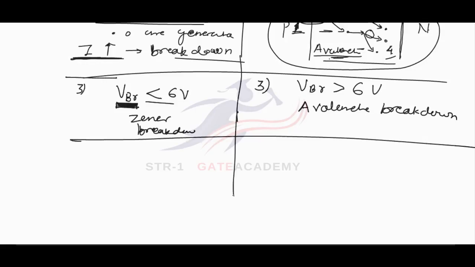Next difference is the temperature coefficient. If, for example, we are getting a breakdown at 3 volts in a diode, and if we increase temperature of the diode, then practically it is seen that the breakdown voltage will be either at 2 or 2.5 volts, means the breakdown can be obtained at lower voltages.